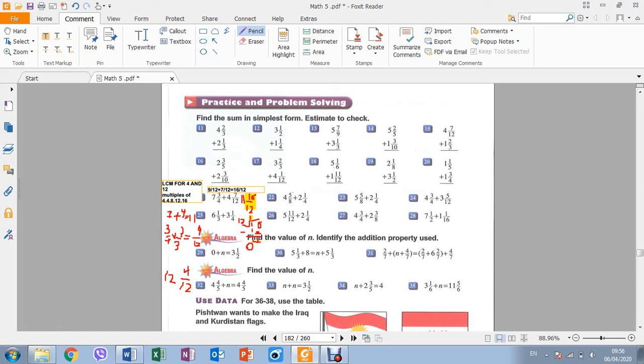Look at this fraction. Now this is the last answer, but look at the fraction. Can we write it in simplest form or not? Yes, we can. Why? Because we can divide both numbers by 4. 4 divided by 4. At the same time, we can divide 12 by this 4. We need to divide these two numbers by the same number.